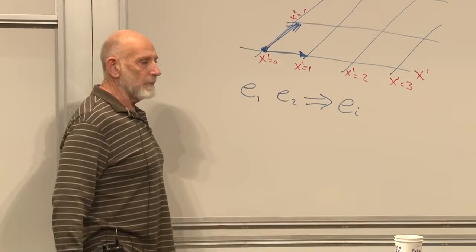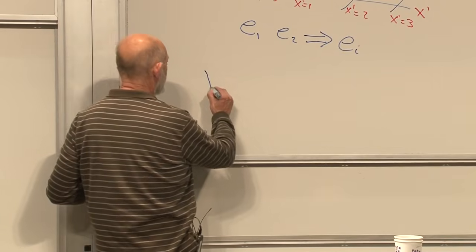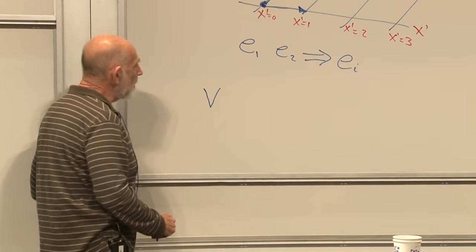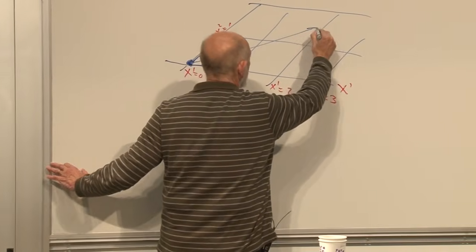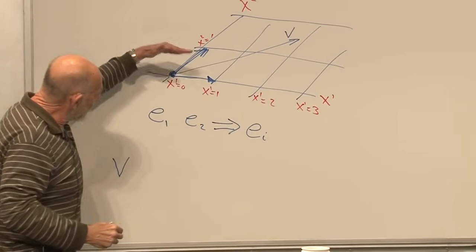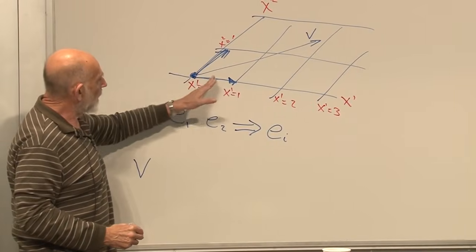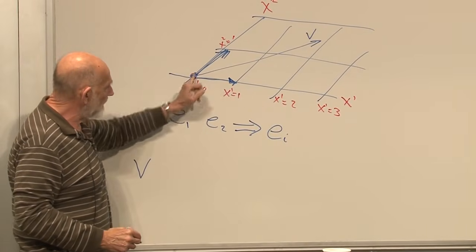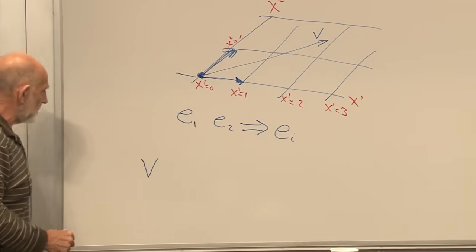Now, next issue, take an arbitrary vector, let's call it V. An arbitrary vector, for example, one over here, V, can be expanded as a sum of coefficients times E1 plus other coefficients times E2 plus more coefficients times E3.